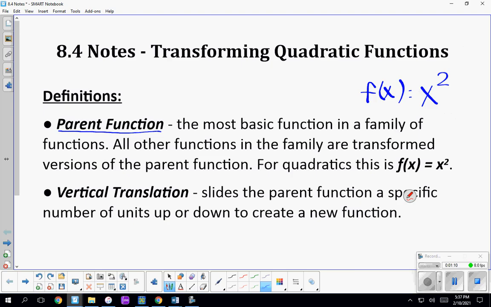This is just the most basic type of function. When we put other numbers in here, maybe a coefficient, that's going to change the shape of the graph. What we're going to be looking at are just these vertical translations. We're just going to slide it up or down, and that's a vertical translation.